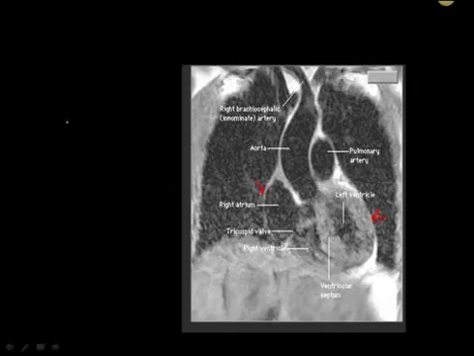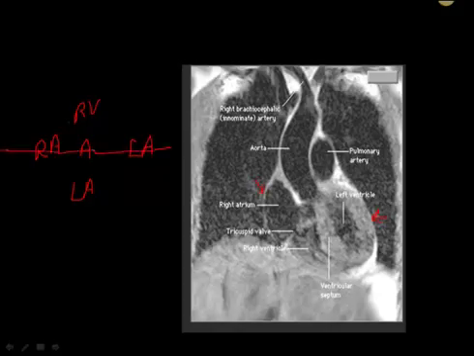If you've got the carousel of the heart, the right ventricle, remember, is anterior, the left atrium is posterior, the aorta is in between with the right atrium and the left ventricle. If that's the case, if you take a coronal slice in the middle of the heart, you should expect to include the right atrium and the left ventricle. That's supposed to be left ventricle, I'm sorry. And that's indeed the case here, between right atrium, left ventricle. There's the origins of the heart.